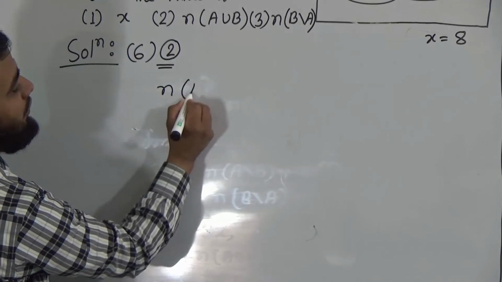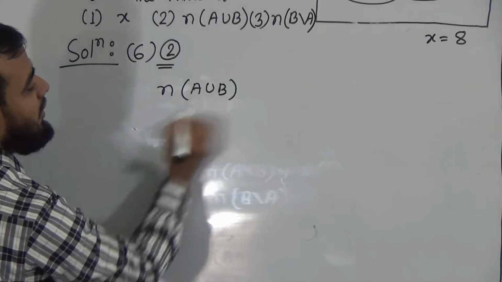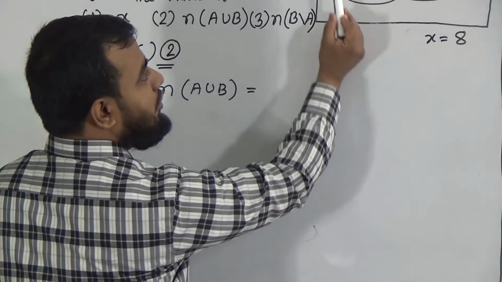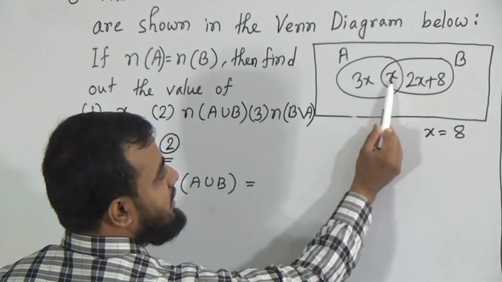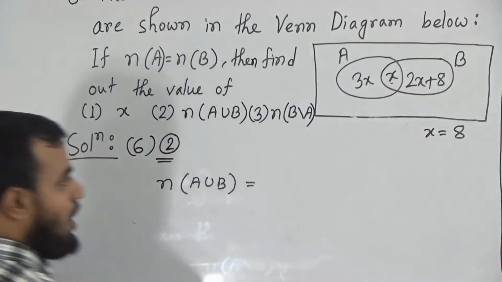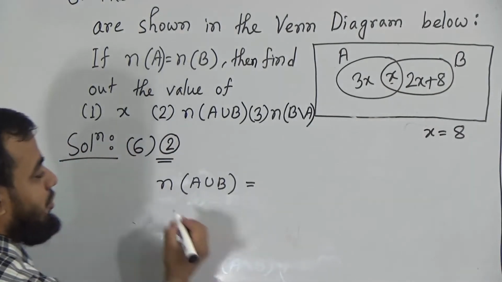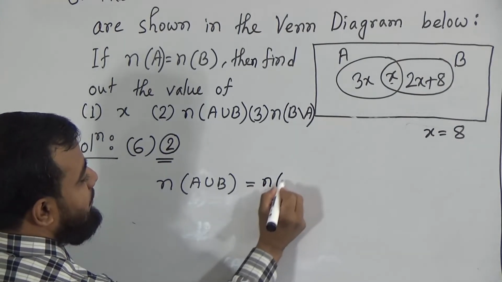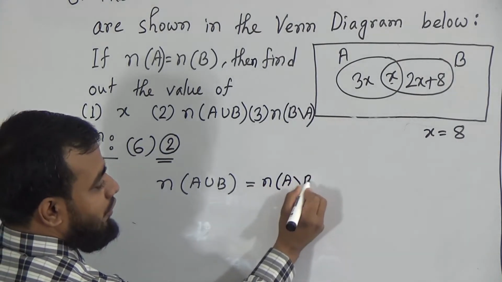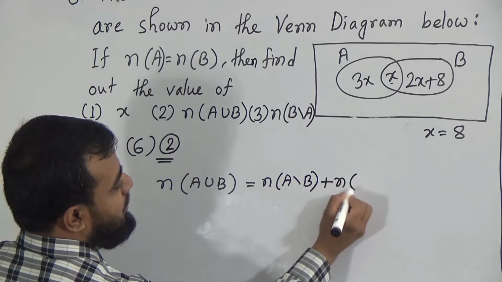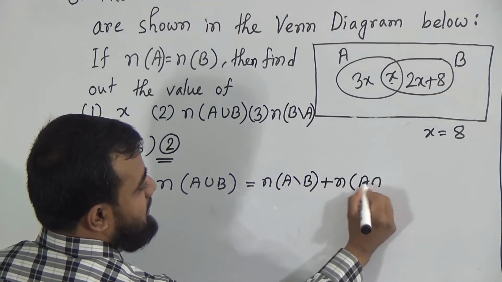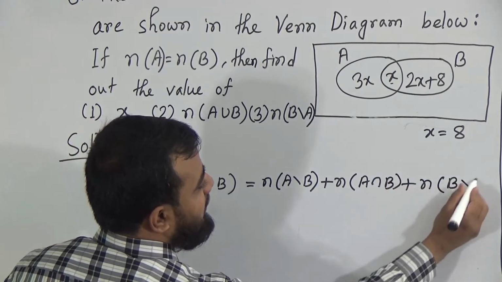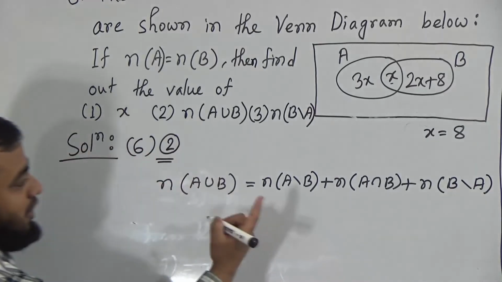My dear students, from the figure we can write the number of elements of A union B equal to what? The number of elements of A union B means thrice x plus x plus twice x plus 8. How? By the help of the proposition, we know that n of A union B equals the number of elements of A delete B plus the number of elements of A intersection B plus the number of elements of B delete A. From proposition number 9 we can get it.